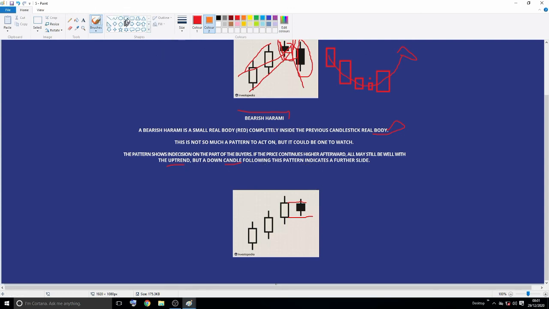So if you see this pattern and it forms another candlestick that goes up, then it's fine, it's continuing. But if you see this pattern and it forms a candlestick that is going down, then you know for sure that this is my chance to sell and push to the downside and collect those profits.